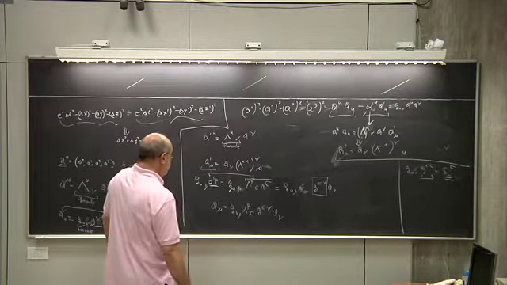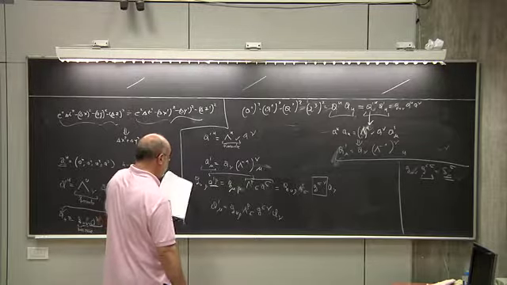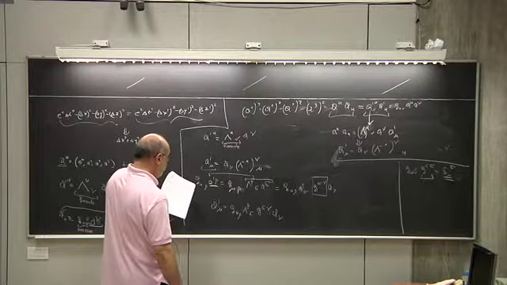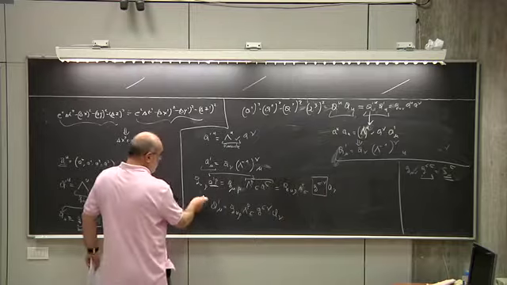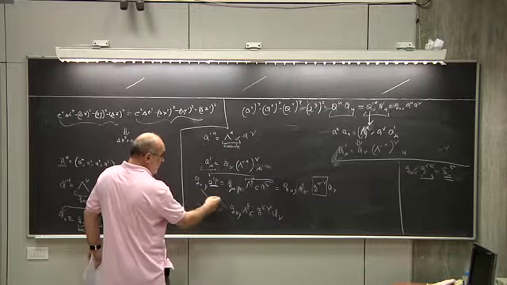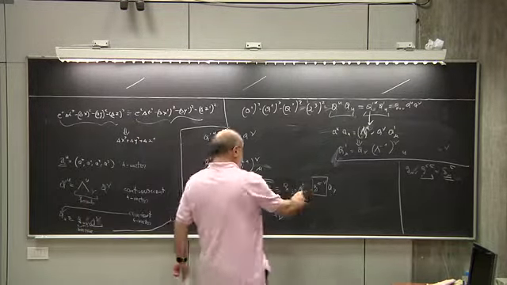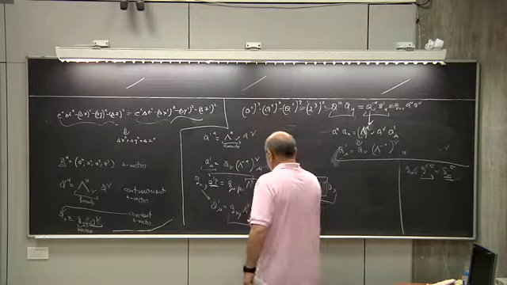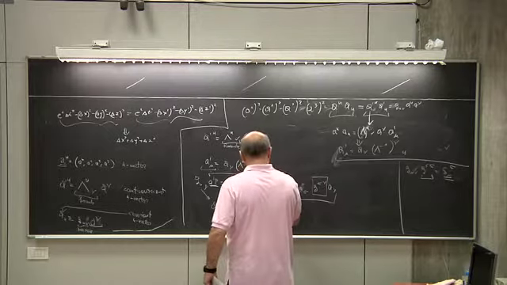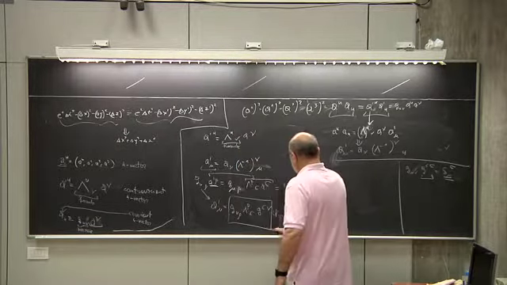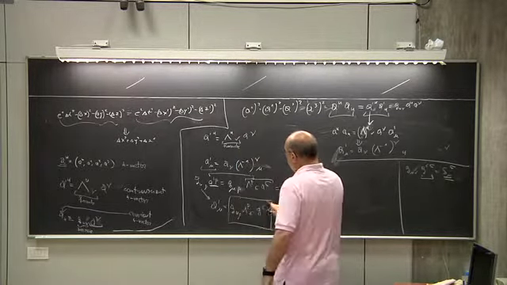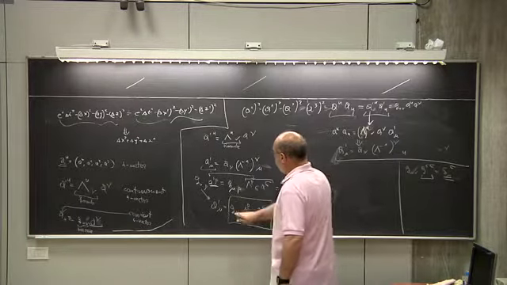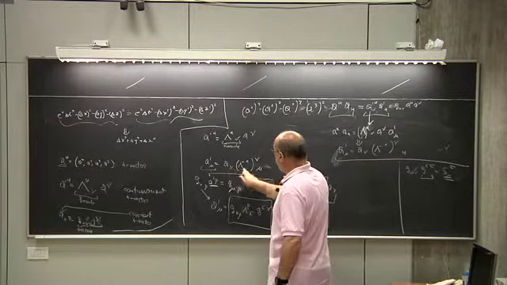Okay, and you can see it from here. This object is nothing else than this with the index down, and this object is this. Now look at these strange things, but we know what they must be because we have already derived it here.